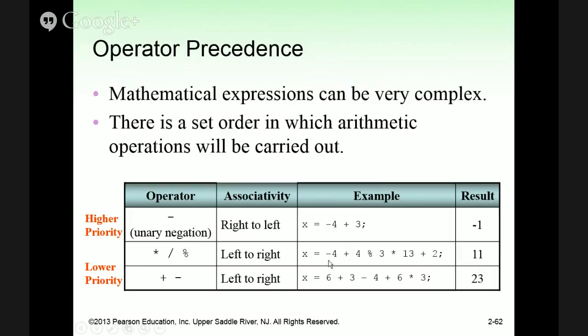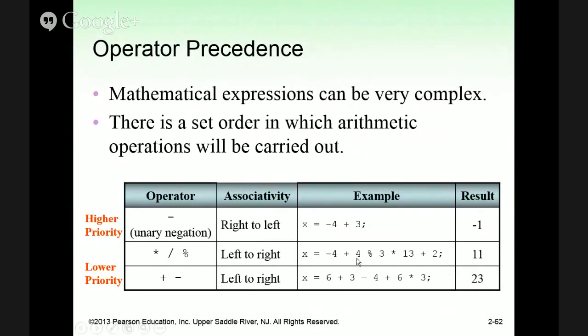We have x equals -4 plus 4 modulus 3 times 13 plus 2. Now, we have to follow the order of operations. So the first thing we have to do is remember that this is a -4. So we keep that, we carry it down. The next thing we have to do is the multiplication, division, or modulus, but they are executed left to right.